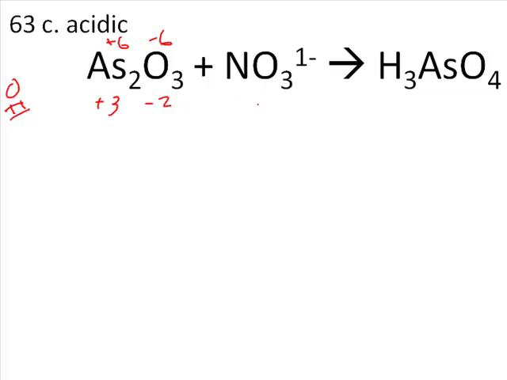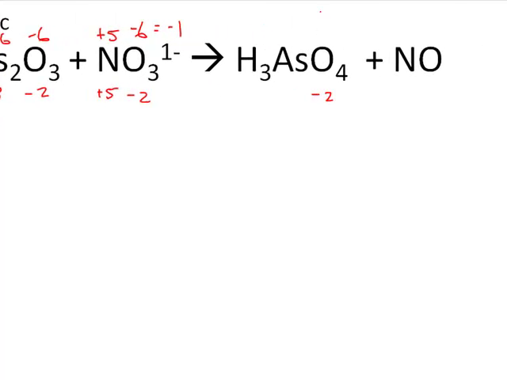And we look at the nitrate, -2 times 3, -6. This is going to equal -1 total with the -1 charge here. So the nitrogen has to be a +5, minus 6 to give us the correct oxidation state on nitrogen. Here in AsO4, we get 4 times -2, -8.